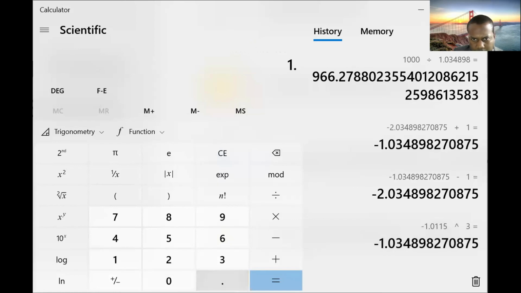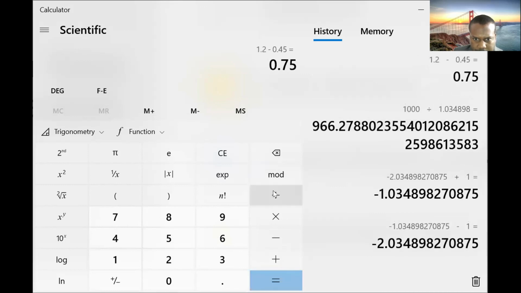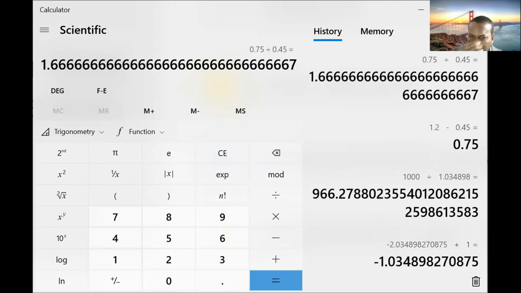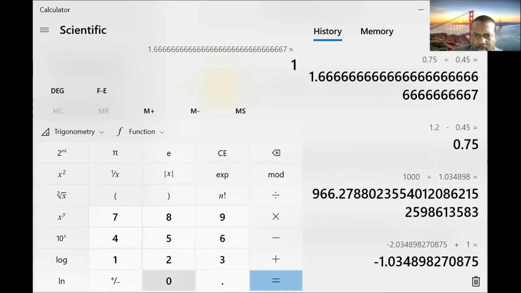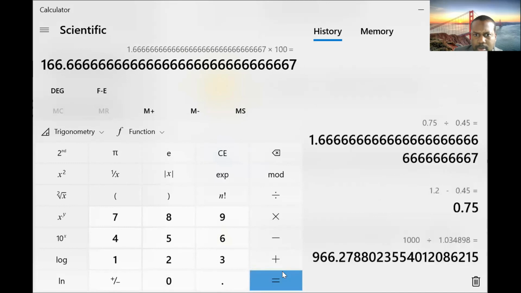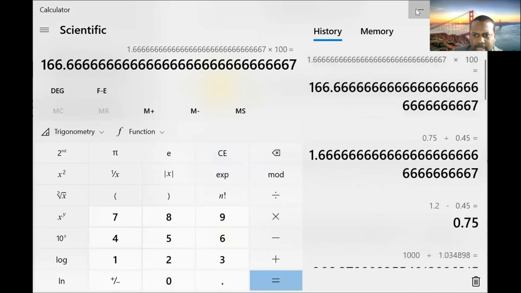So 1.20 minus 0.45 divided by 0.45. So that's 166 multiplied by 100. It's 166%.